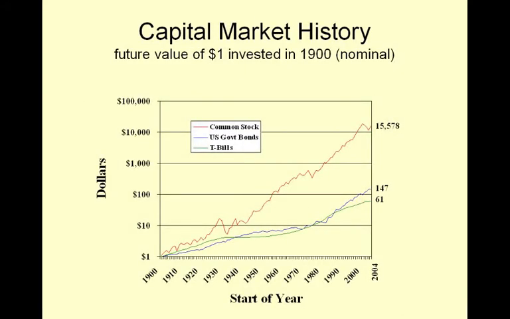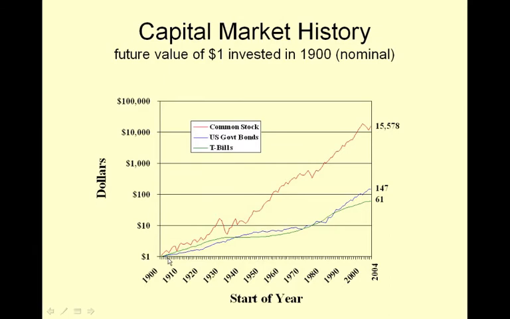This graph shows the value of $1 invested in 1900 in nominal terms, that is not adjusted for inflation, that would be achieved by the year 2004 for 3 separate alternative investments.